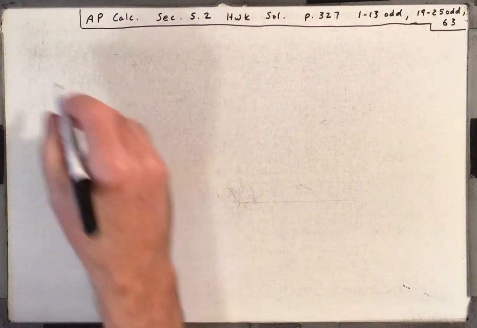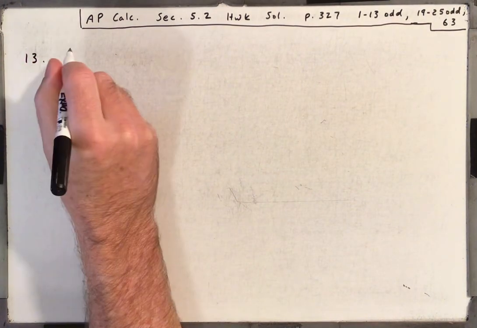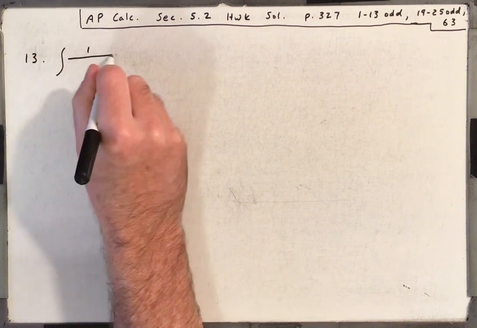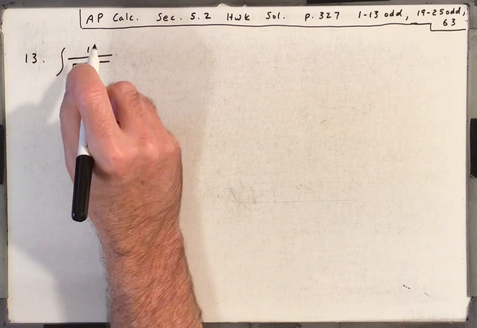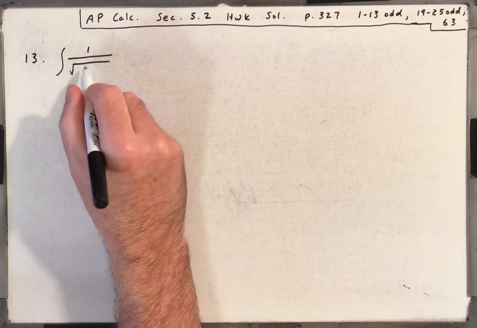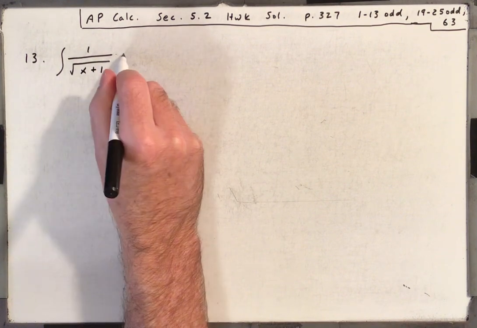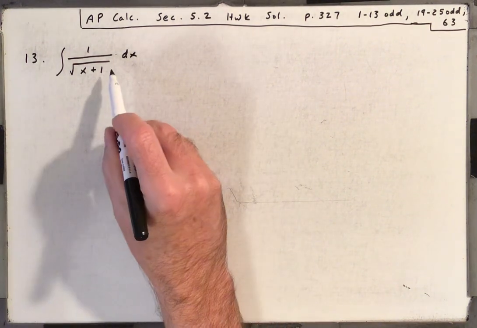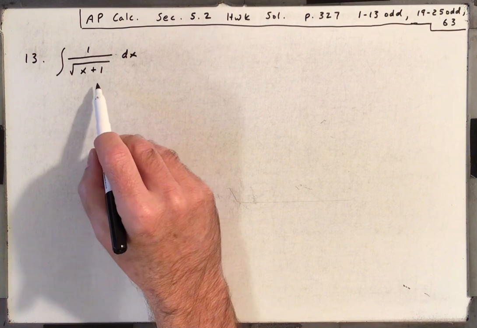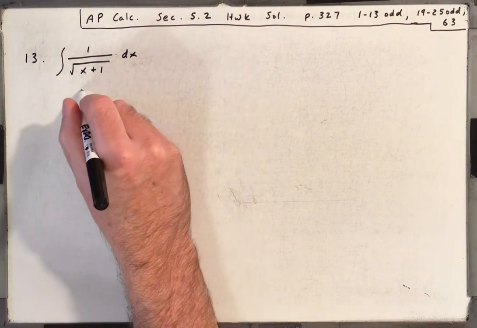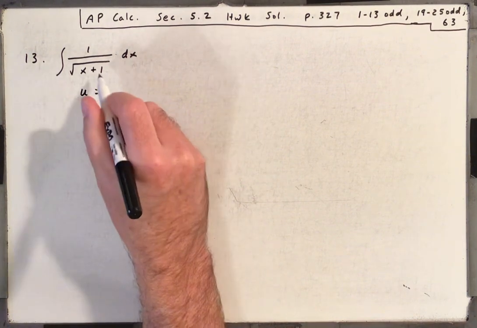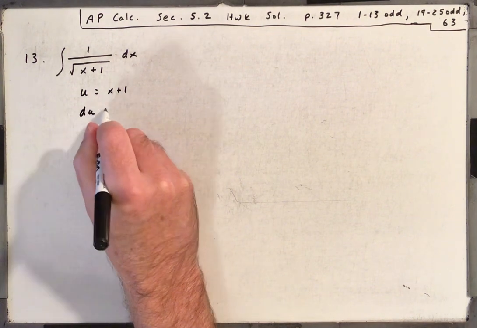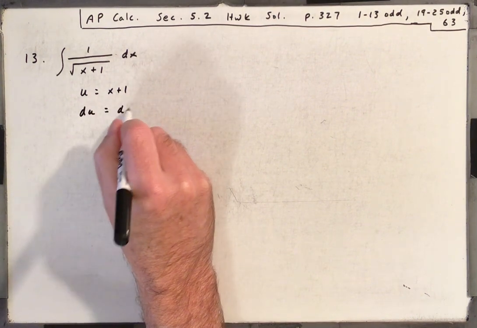Okay, number 13. So we have 1 over the square root of x plus 1 dx. Now, one of the reasons I assigned this was because you're used to everything being du over u in natural log, but that's not what this is. All right, this is right back to chapter 4. If we let u be x plus 1, then du is just going to be dx.